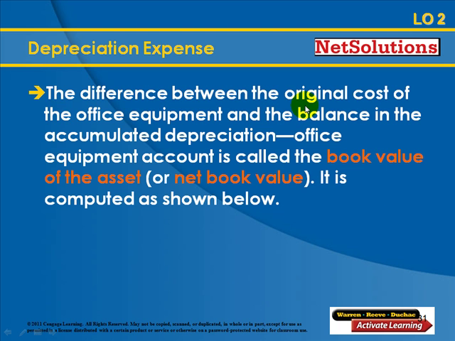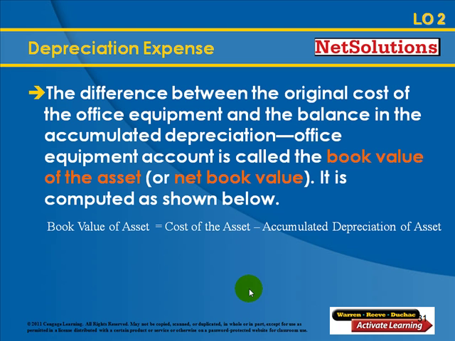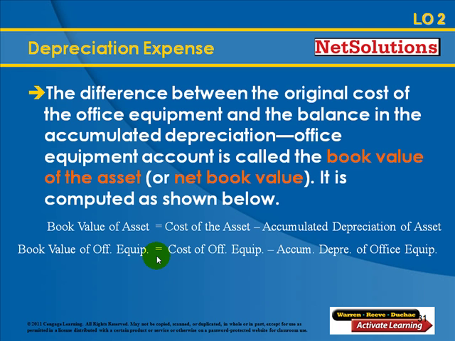The difference between the original cost of the office equipment and the balance in the accumulated depreciation office equipment account is called the book value of the asset, or net book value. It is computed as shown below. The cost of the asset minus accumulated depreciation equals book value. Cost of office equipment minus accumulated depreciation office equipment equals the book value of the office equipment.